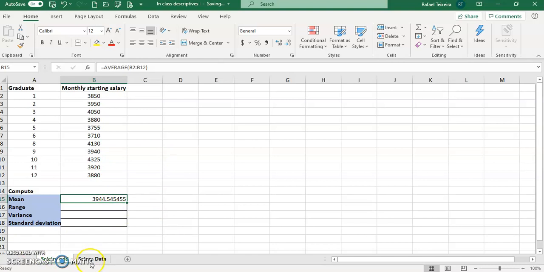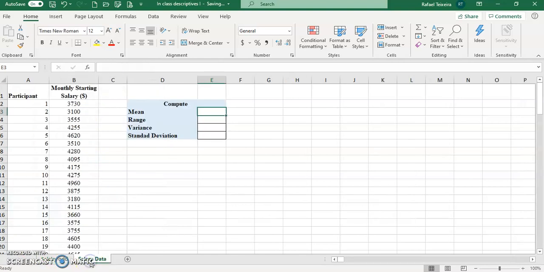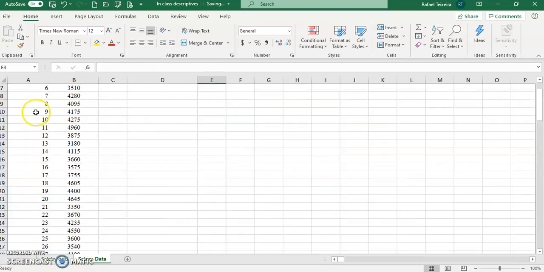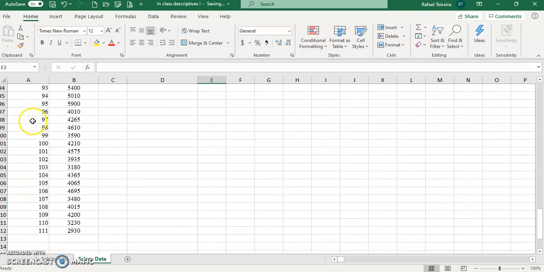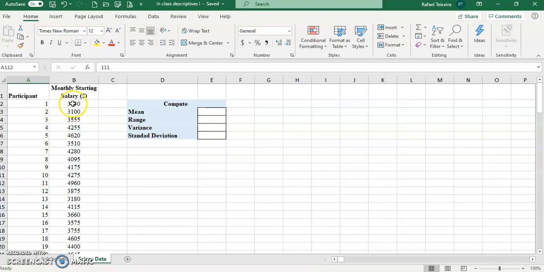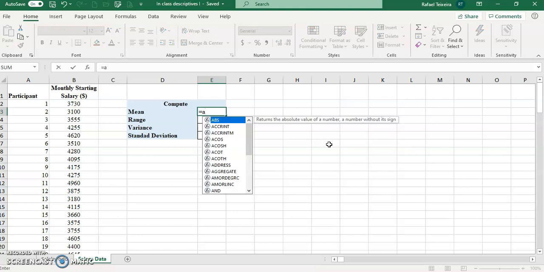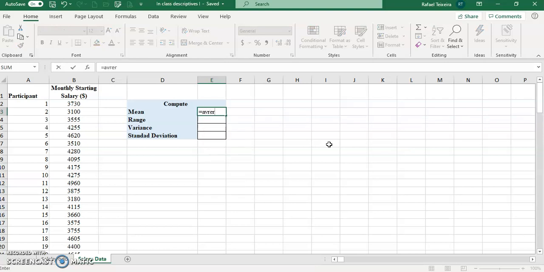Let's take a look at another example here. This is a sample of 111 participants and their monthly starting salary. So the mean is going to be equal to average, open parentheses, and then I select all the numbers.